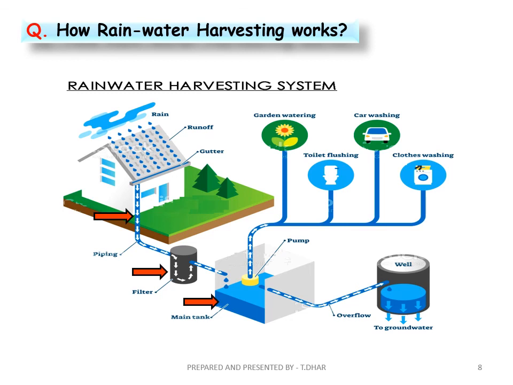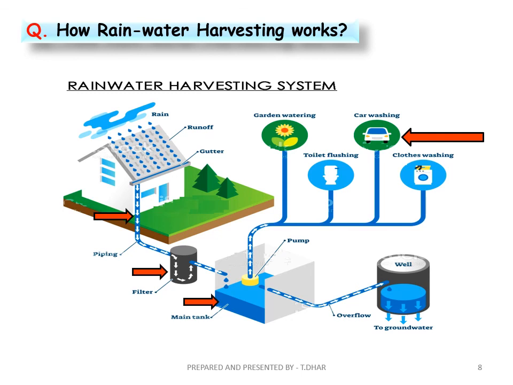Now from the main tank, the water is pumped through a motor, and it can be used for various purposes like watering the plants in the garden, flushing the toilet, washing cars, washing clothes, and for many other purposes.